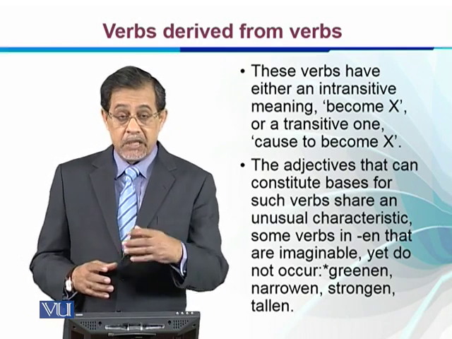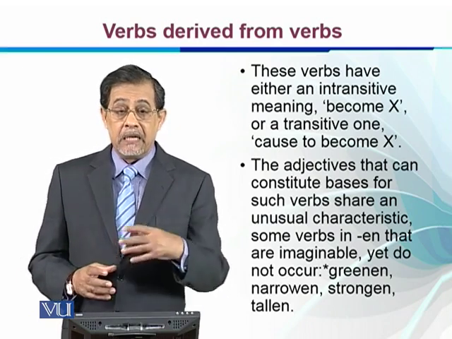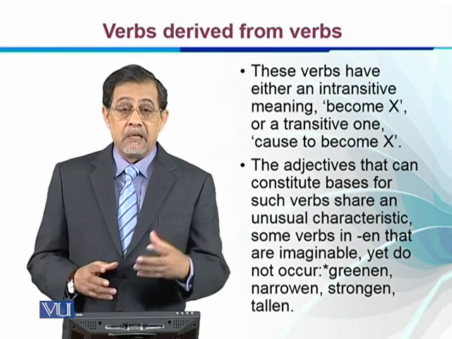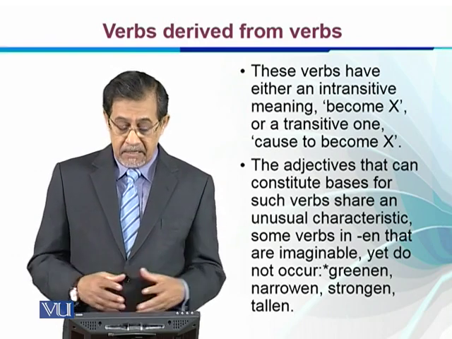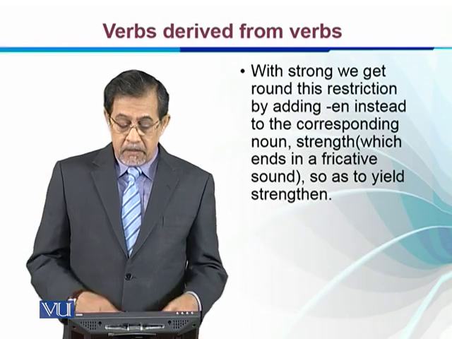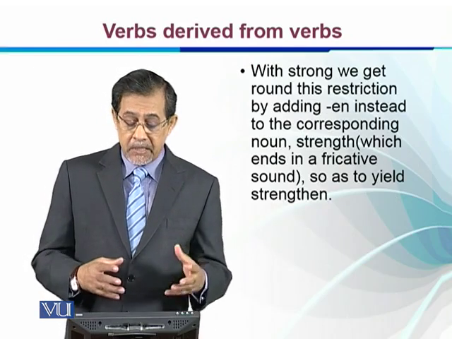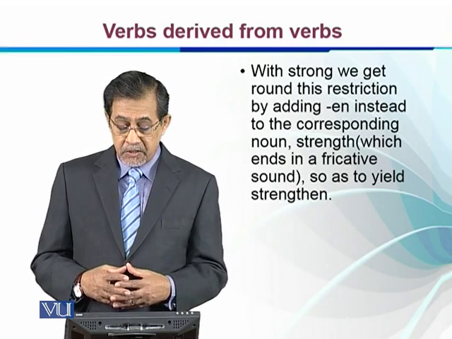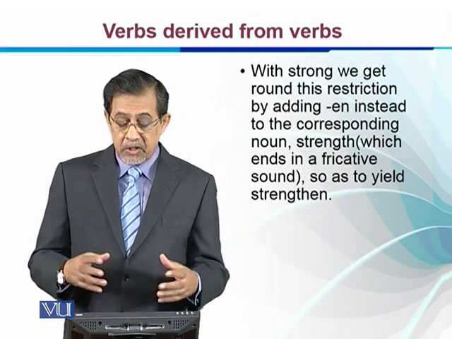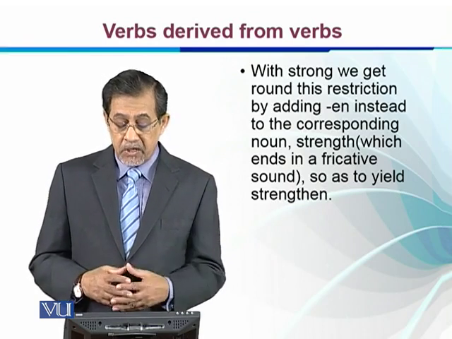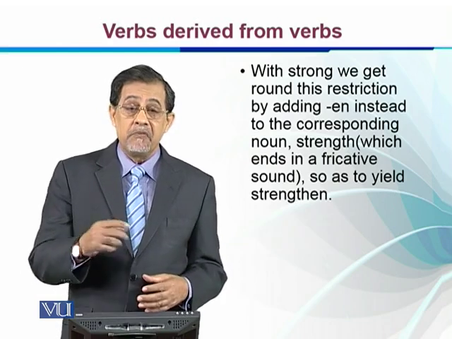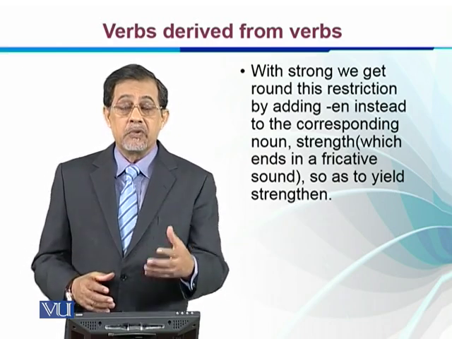So as I just said, they do not get attached to certain adjectives randomly. For example, strong is an adjective. We get around this restriction by adding en to the corresponding noun strength, and with strength we use en to make it strengthen.